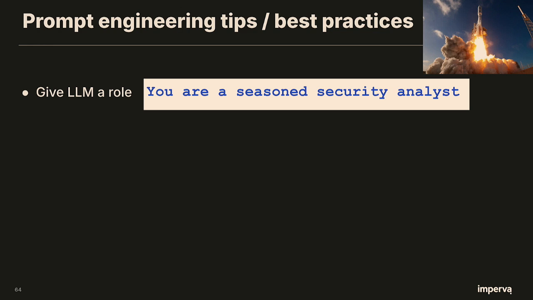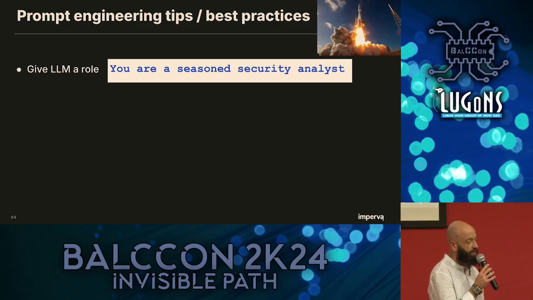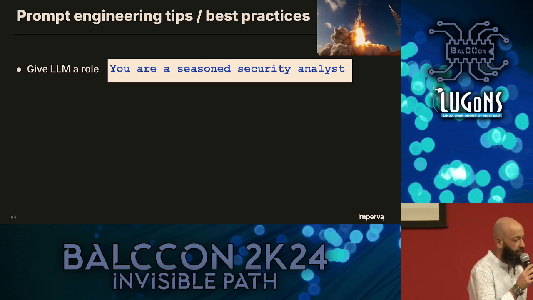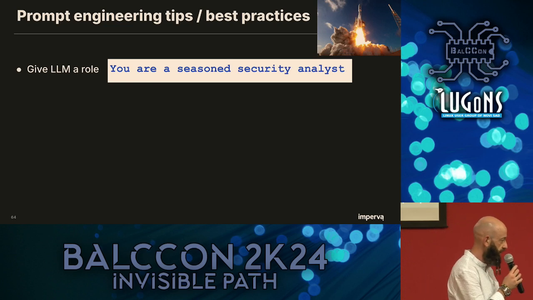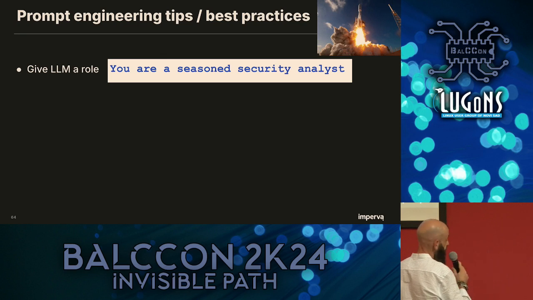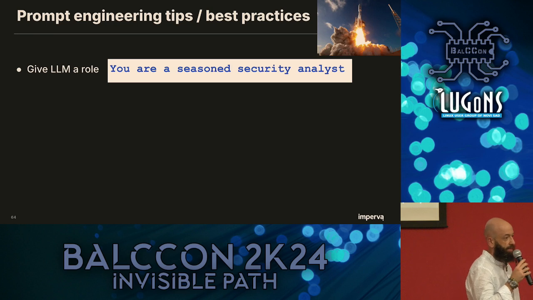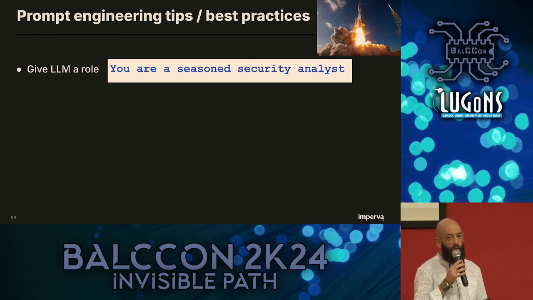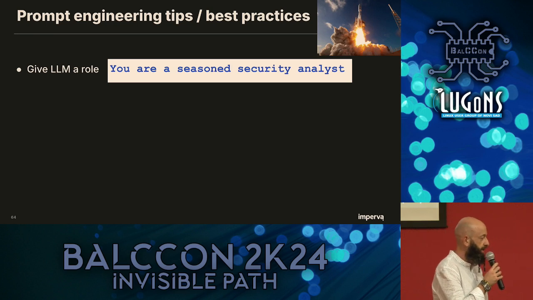As you might have heard, these models today are multi-model, so every model consists of small submodels, and the importance of that is crucial because it allows the model to route your input into the correct submodel. For example, if you say, you are a seasoned security analyst, and you are talking about WAF rule generation, then it might help to create a much more precise rule.